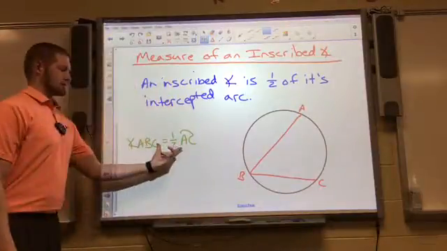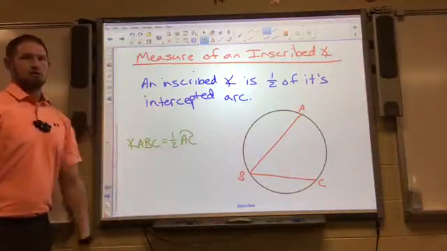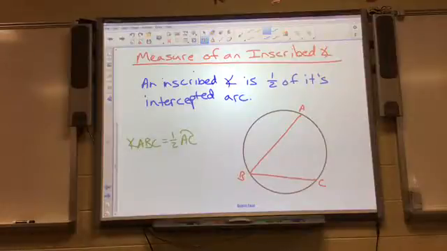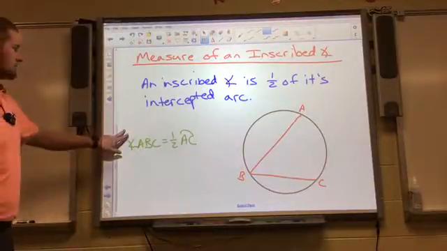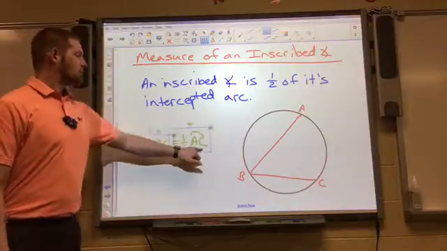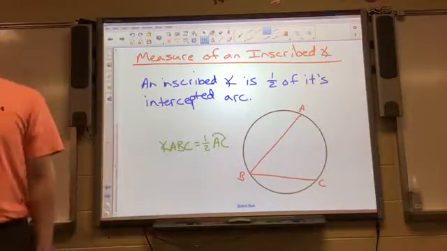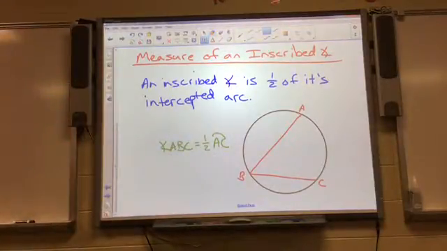Which is the same thing he said. He just said it flopped around. He said the arc first, but he said the same thing. I just use the 3 letters because in some of these diagrams, you might have things at the same vertex. Yeah, no, angle B would be fine.